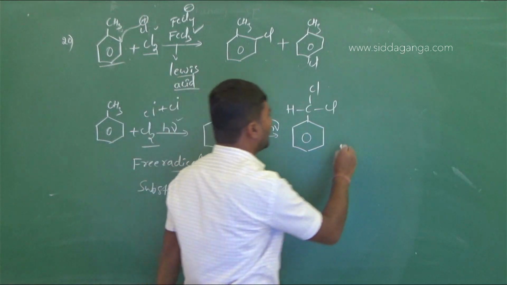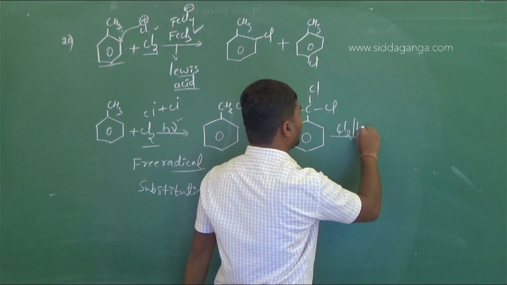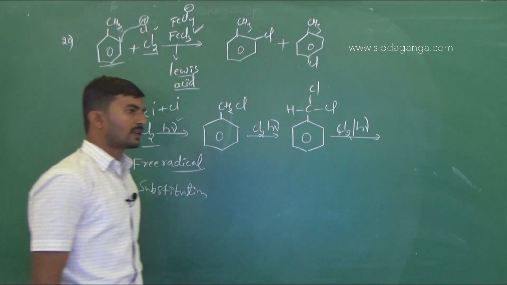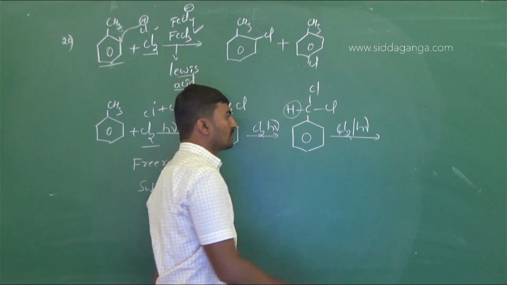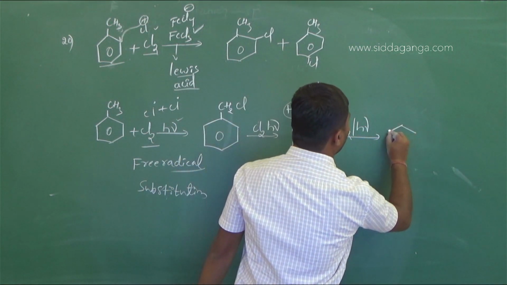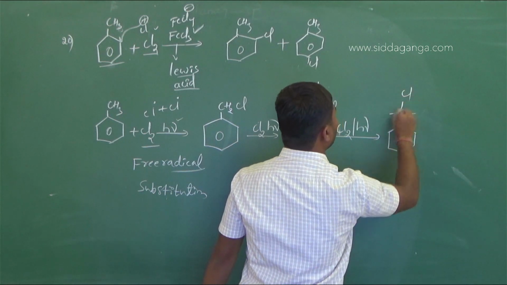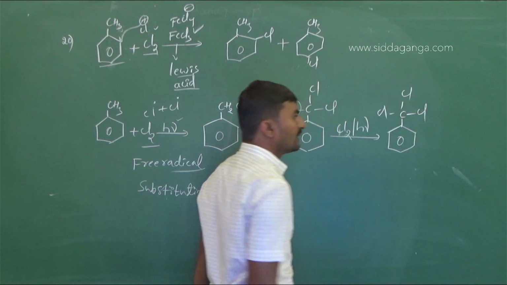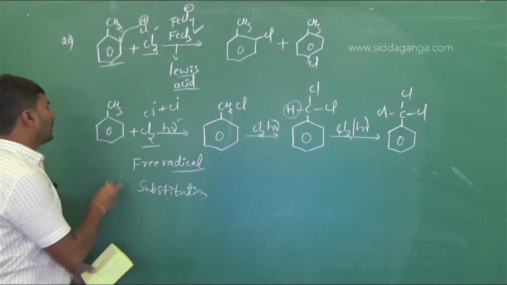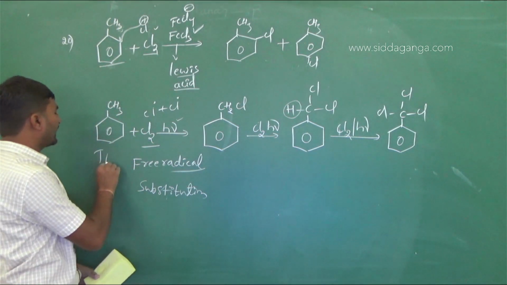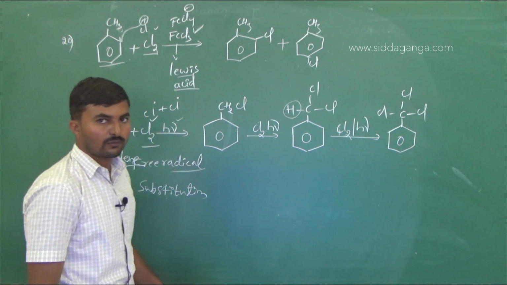At last, one more time Cl2 reacts in presence of sunlight, and the remaining hydrogen is also substituted by Cl. It becomes CCl3. This is the final product formed when toluene reacts with chlorine in presence of sunlight.